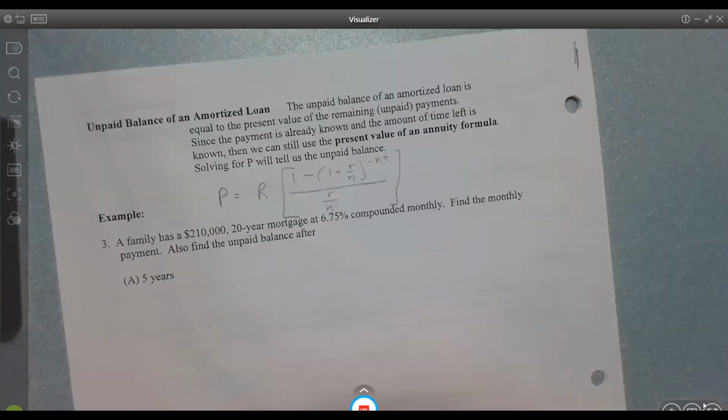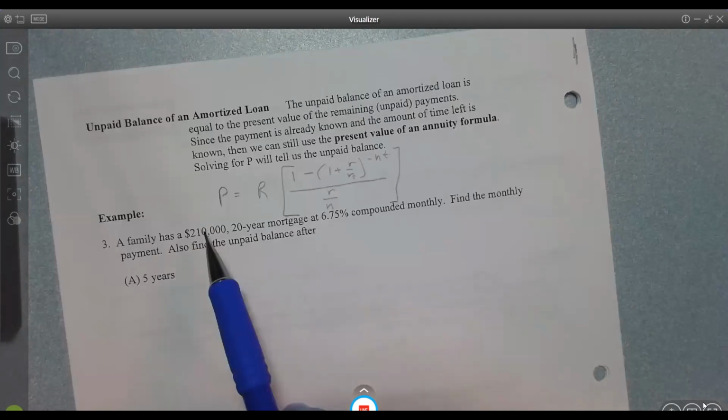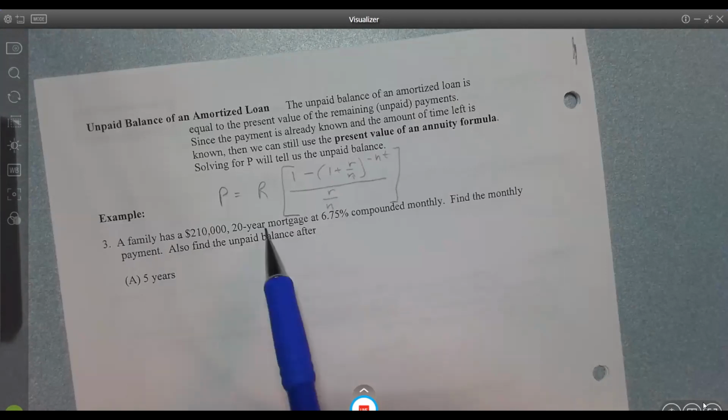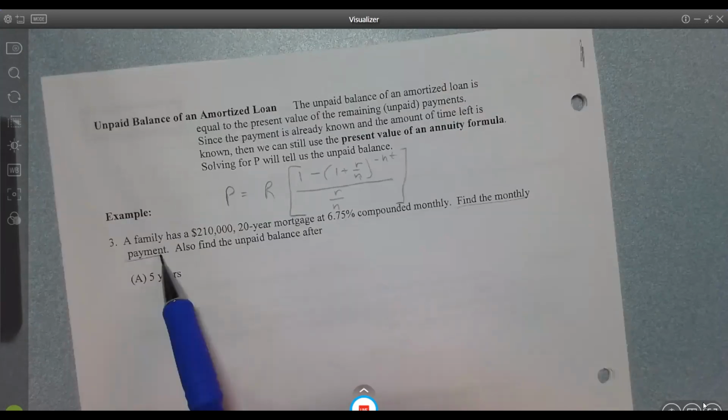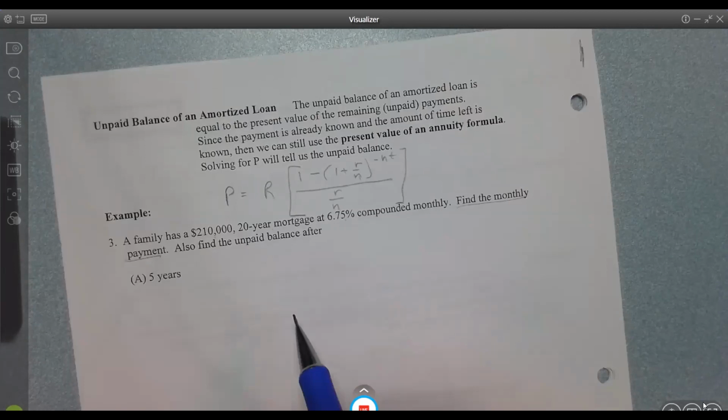So first thing we're going to have to do is, we know the loan, it's a 20-year for 6.75% compounded monthly. We got to find the monthly payment. Once we do that, then we'll do the rest of this. So I need you to go and find the payment.